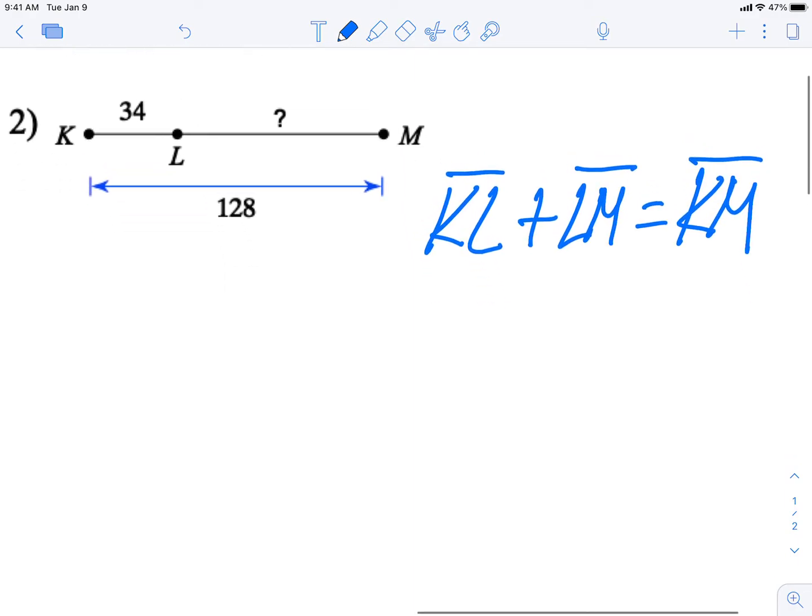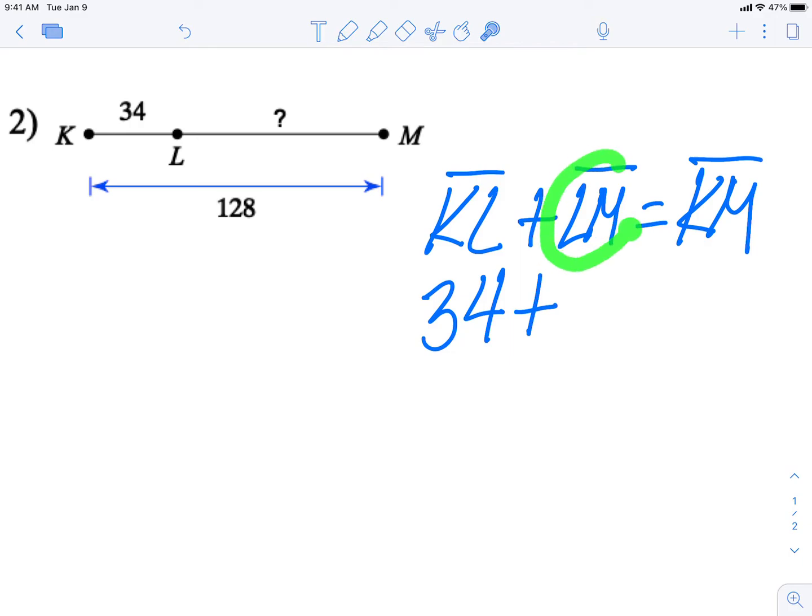So let's find out our information. Segment KL, from K to L, is 34. So 34 plus segment LM, from L to M, we have no idea. Question mark.